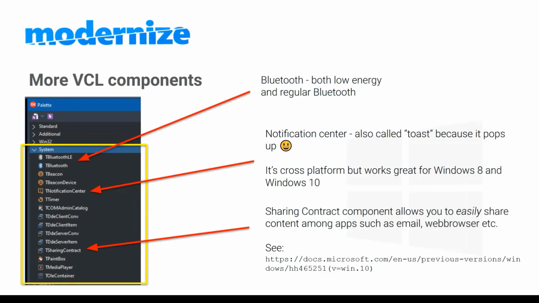And there's some more. Yes, there are a lot of them that are quite specific really to Windows 10. The ones that are probably more and more relevant are things like the Bluetooth components. The Bluetooth components are becoming more and more popular, especially Bluetooth low energy. There's a lot more devices now that work on Bluetooth low energy.